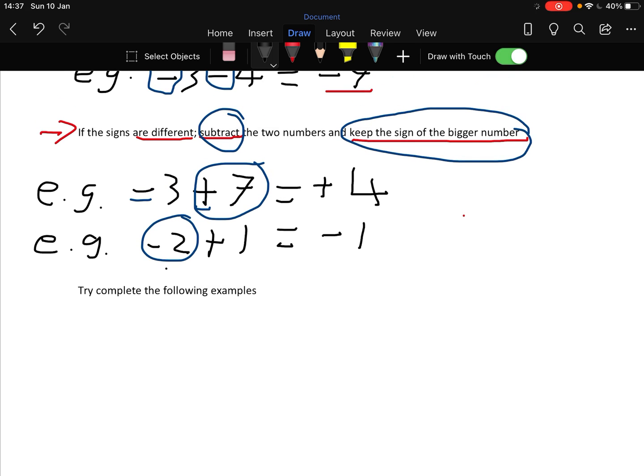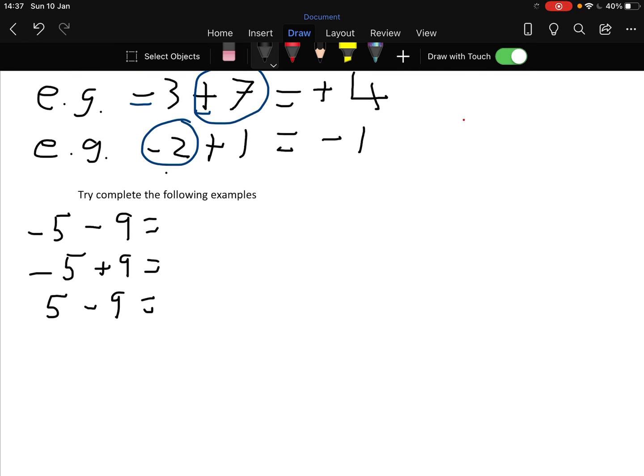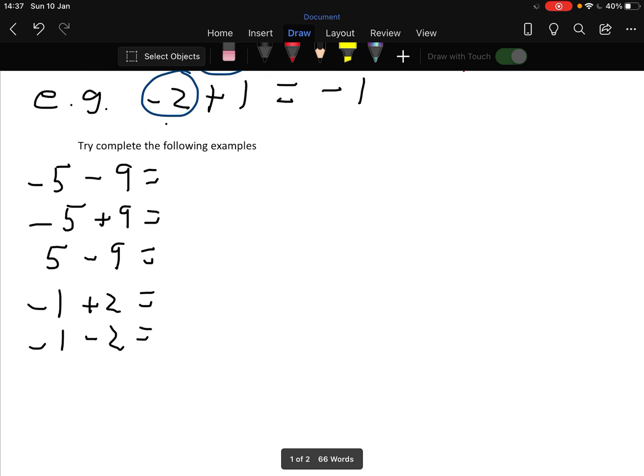All right, so minus 5 minus 9, minus 5 plus 9, 5 minus 9. Okay, so we have the same numbers 3 times but different signs. So work that out. Minus 1 plus 2, minus 1 minus 2.